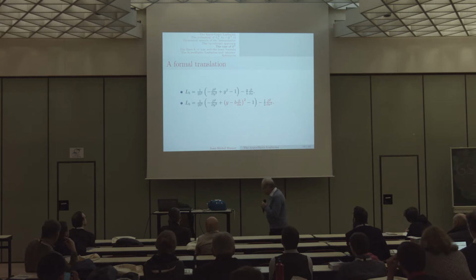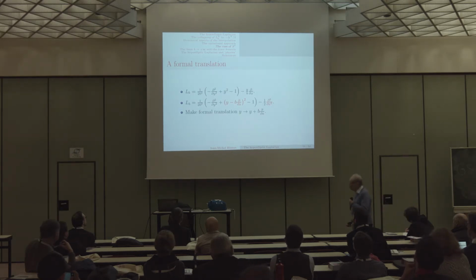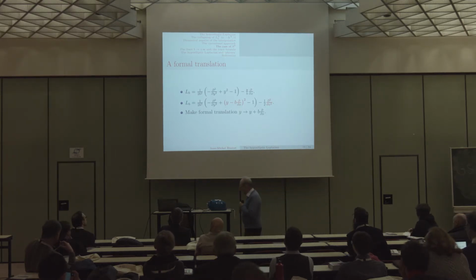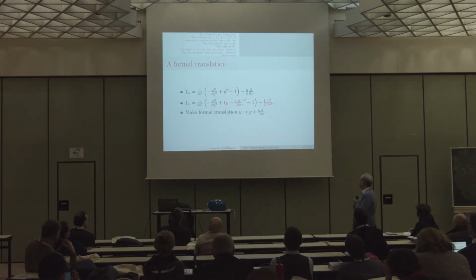To understand this operator better, we make a reduction of squares which consists in putting together y squared minus y over b d over dx. So this is what we obtain here. And then what we will try to do is ask: can we make in this operator a translation of the coordinate y by the operator b d over dx? That is, can we translate y into y plus b d over dx?